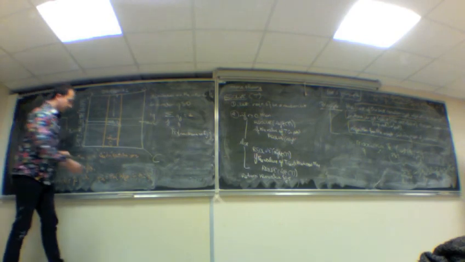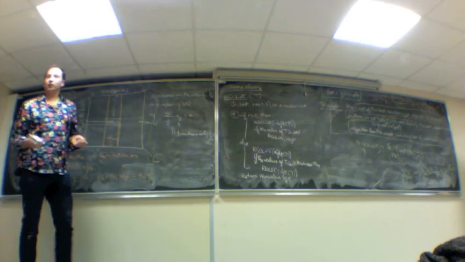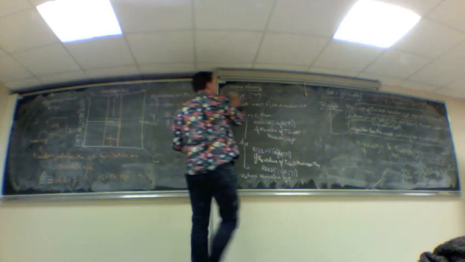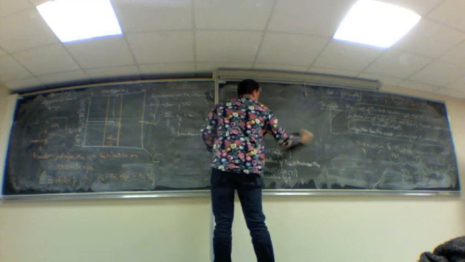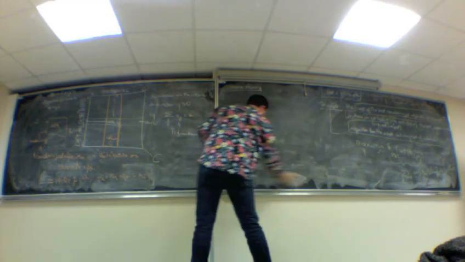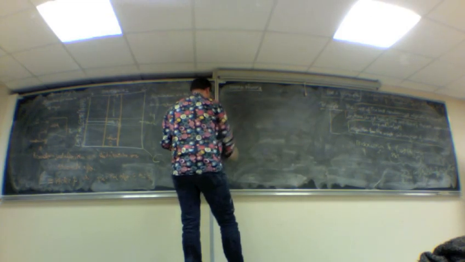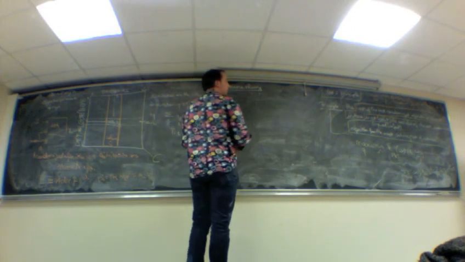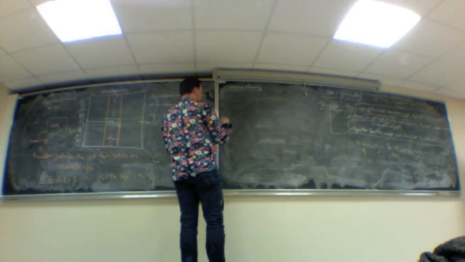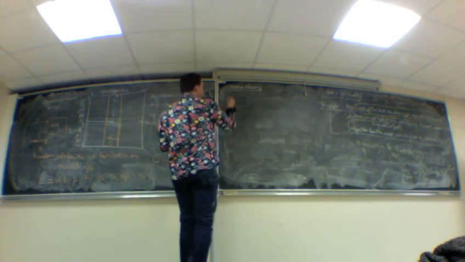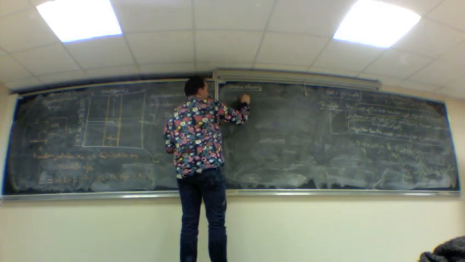So now what do we need to prove Yao's principle? It's the following. Yao's principle is simply saying the following: it's equivalent to, let C be a matrix.